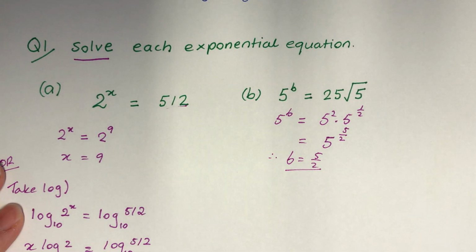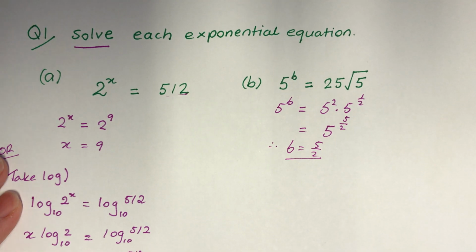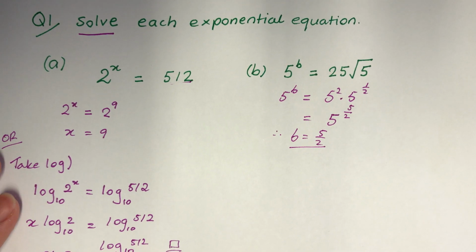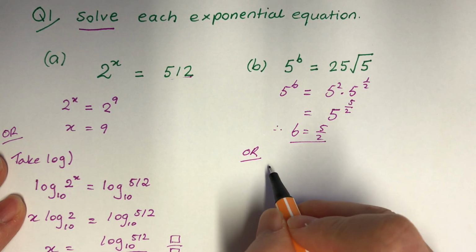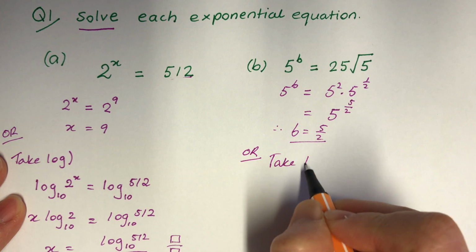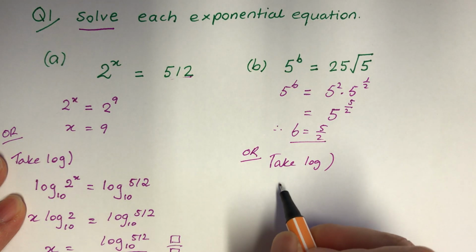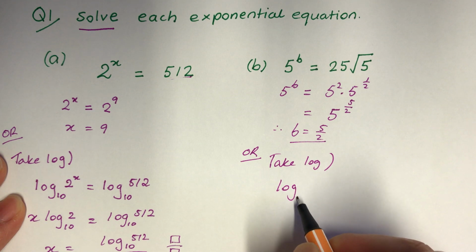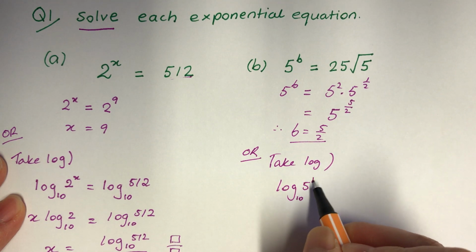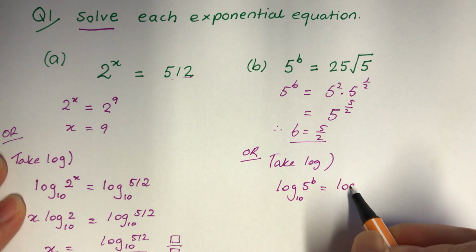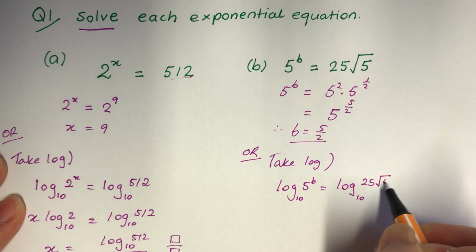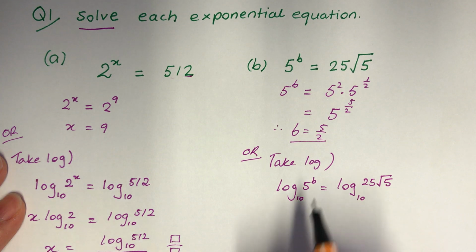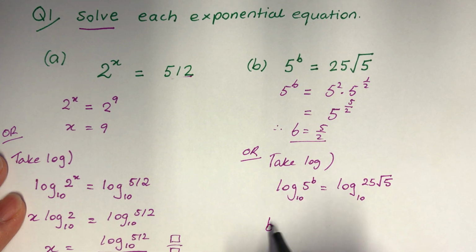Now, if you didn't see any 5s, because in the exam it can happen, in that case you take log. So I'm going to go log base 10 of 5 to the power of b equals log base 10 of 25 root 5. Then b goes to the front.